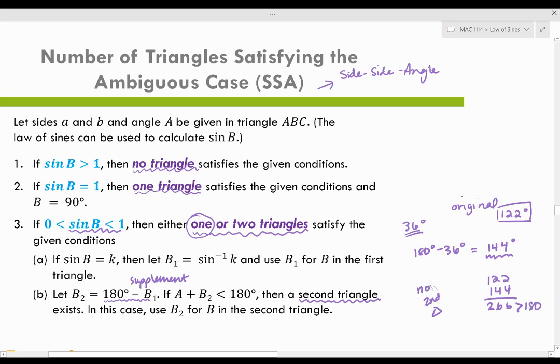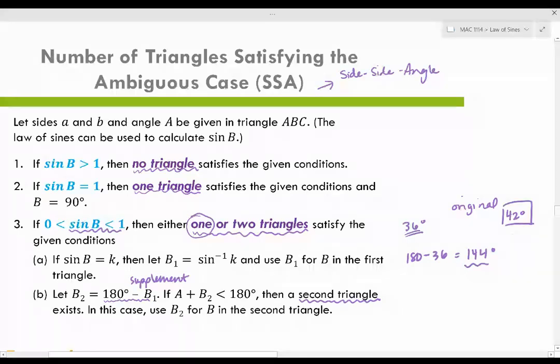Now let's do the same scenario again, all right? Let's say my original angle was 42 degrees, okay? When I find the supplement of 36 again, 180 minus 36, that gives me 144. I would add 144 to the 42, my original angle that was given to me. If I do that, oh, that's still too big. Hold on. Let's say it was 12, okay?